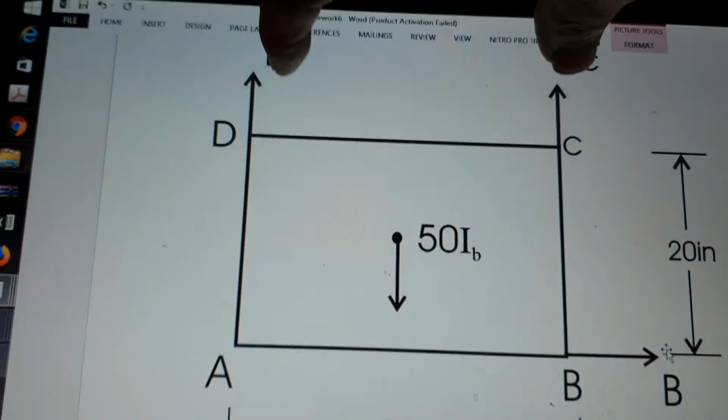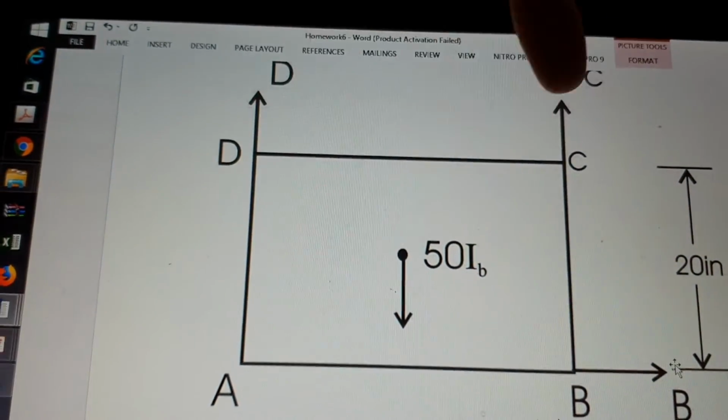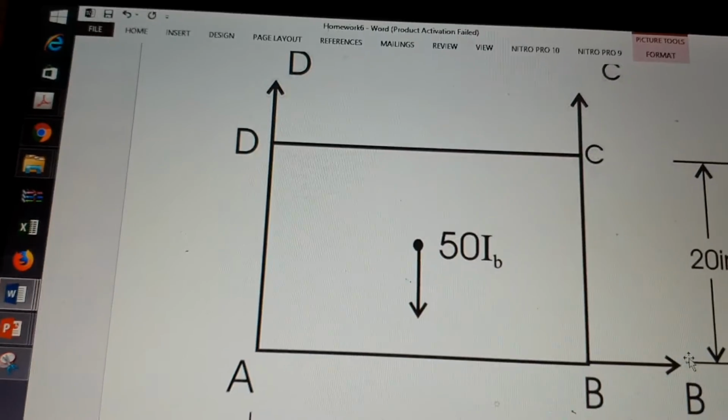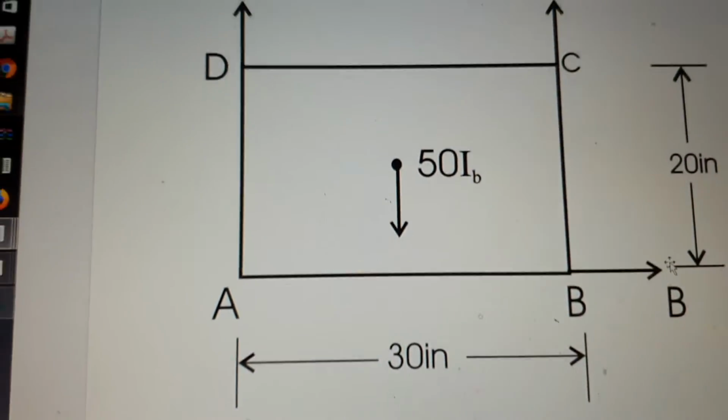It is positive. So C times 30, and the perpendicular distance is 30 inch.